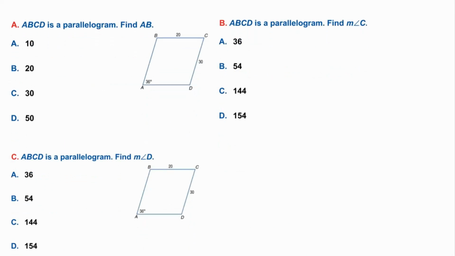In the next problem, we're asked to find the length of AB. Well, this is a parallelogram, so AB has to be congruent to CD. So AB would be 30. We want to find the measure of angle C, which is opposite the measure of angle A, so it would be 36 degrees.